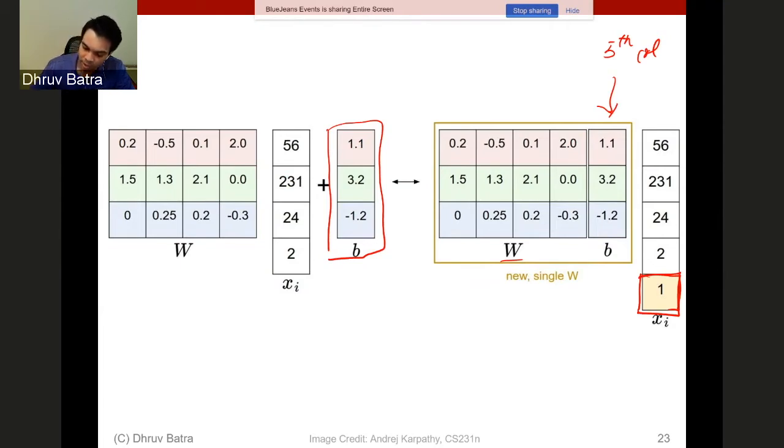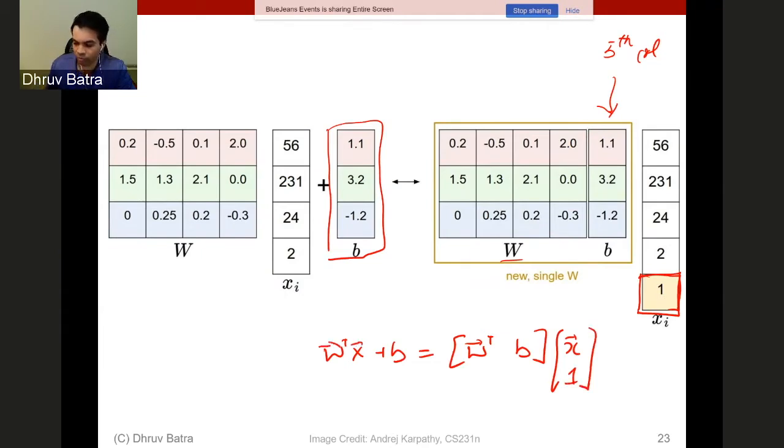You can write W transpose X plus B as W B times X 1. This is the same expression for a matrix: we add a column, stack the B column, and add a 1 to X, and it accomplishes the same expression.